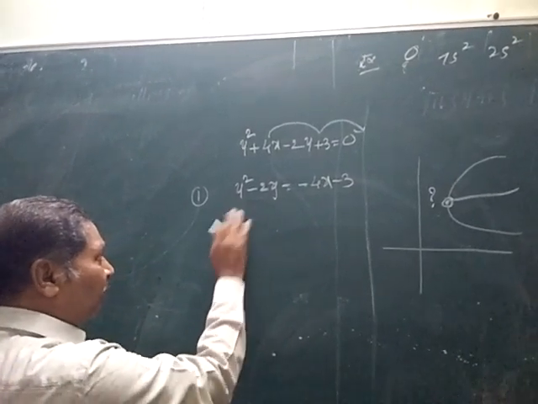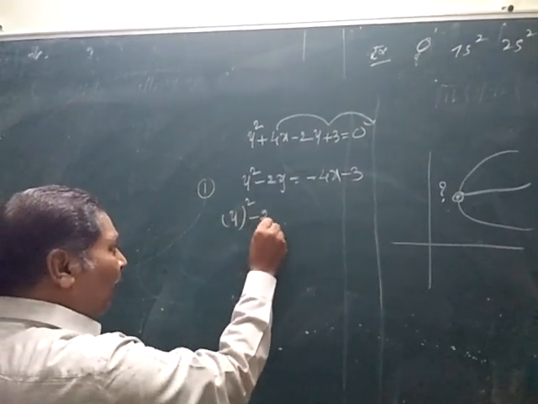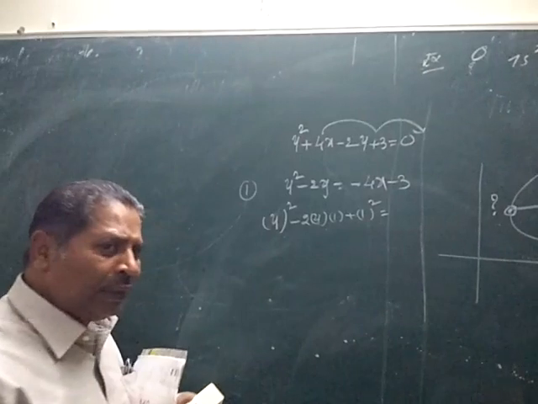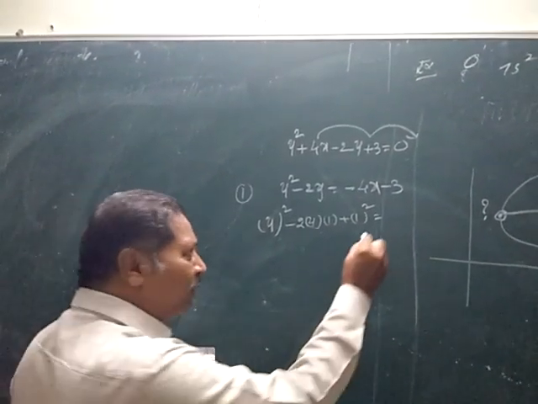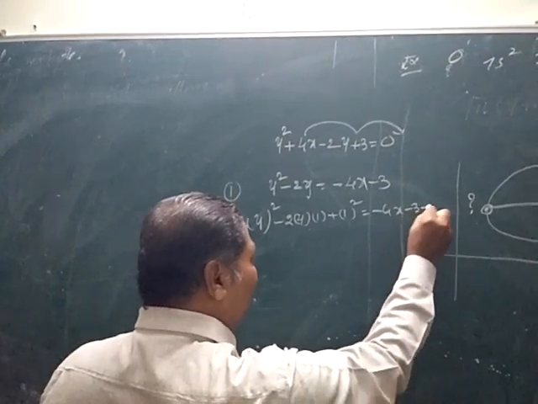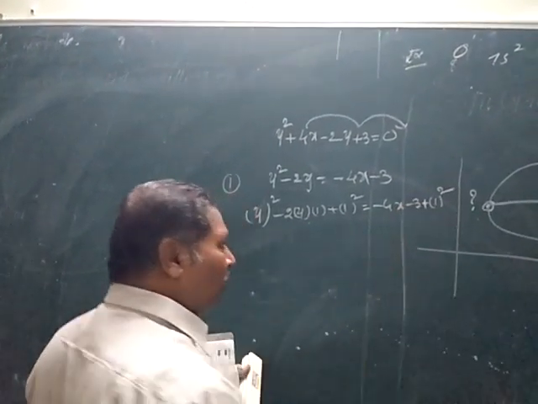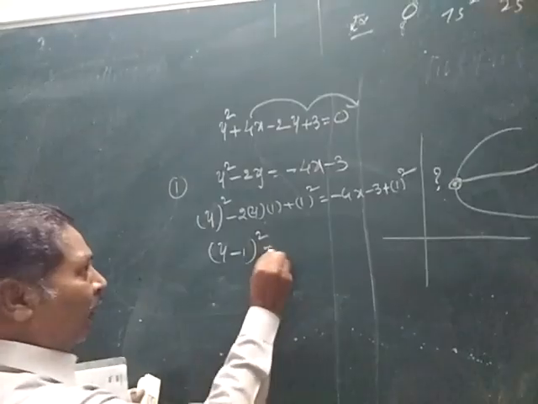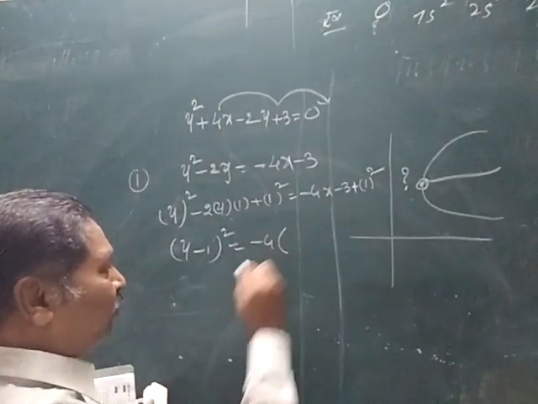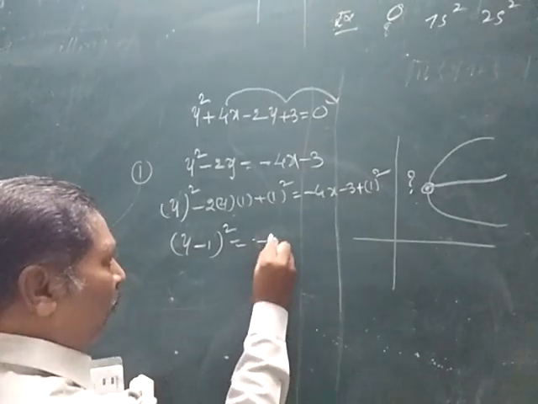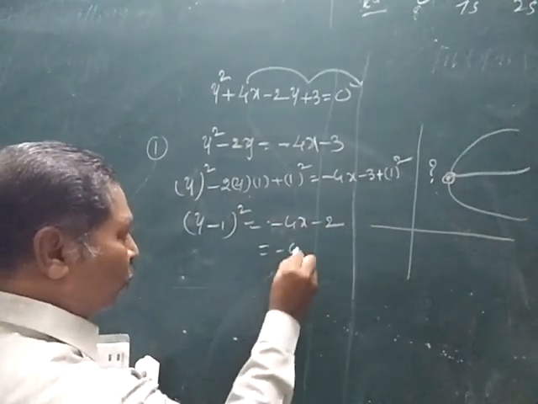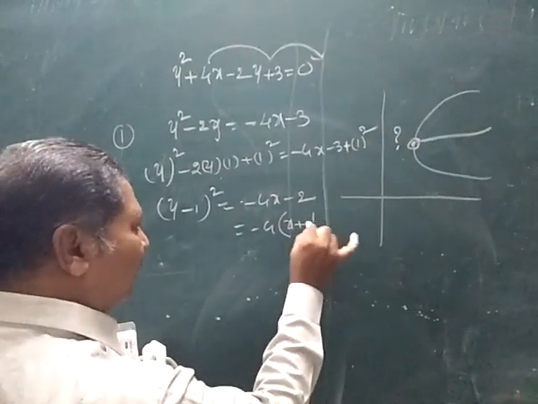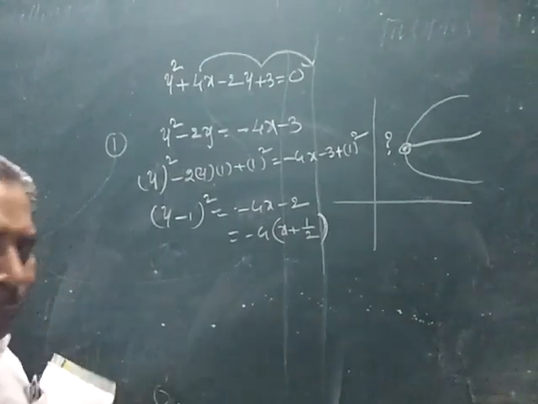A square minus 2ab, add b square on both sides: minus 4x minus 3 plus 1. (y minus 1) whole square equal to minus 4x minus 2. Take minus 4 common: x plus 1 by 2.